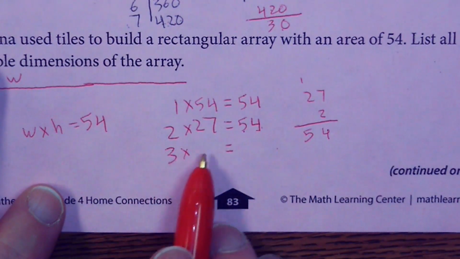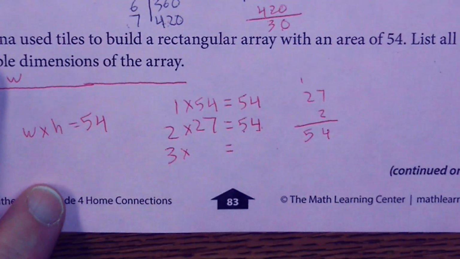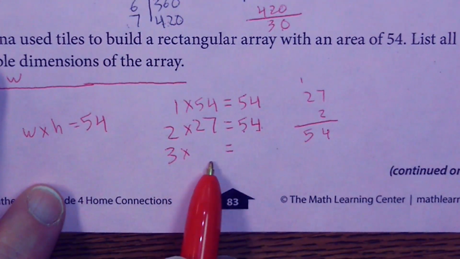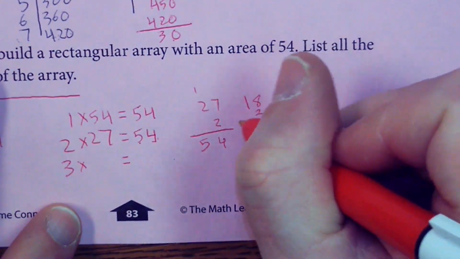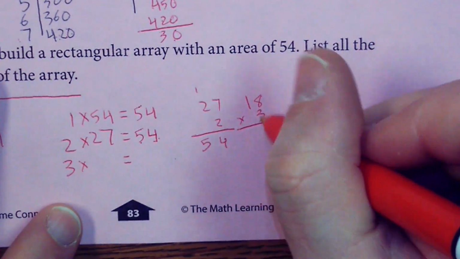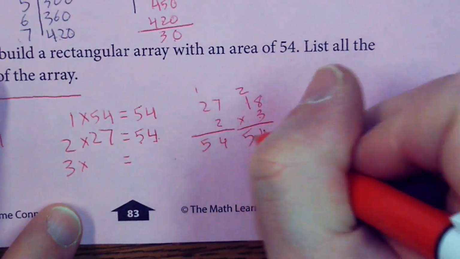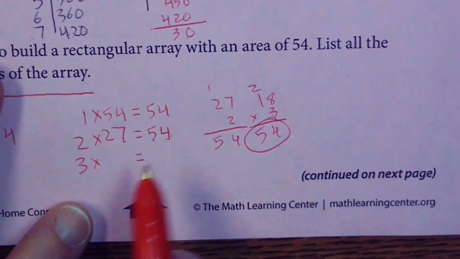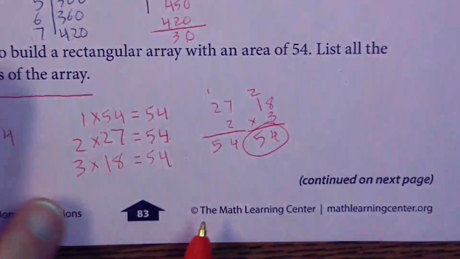I know 3 times 20 is 60, so that's too big. So it's going to be somewhere between 15 and 20. So maybe I'll try like an 18. So if I do an 18 times 3, that's a 24. Carry the 2. 3 times 1 is 3 plus 2 is 5. Oh, there's a 54 as well. So 3 times 18 equals 54.